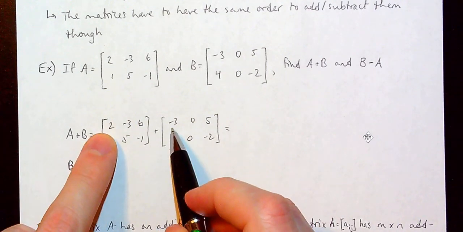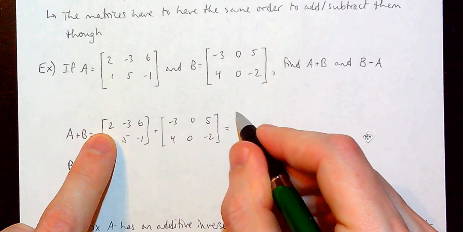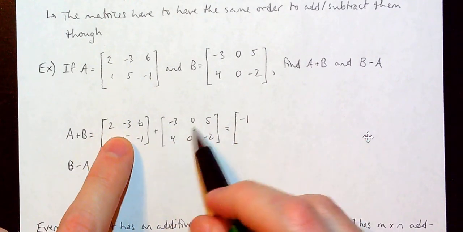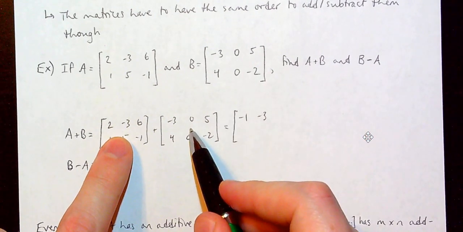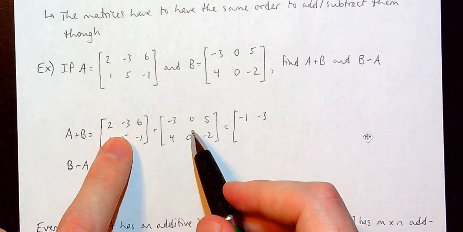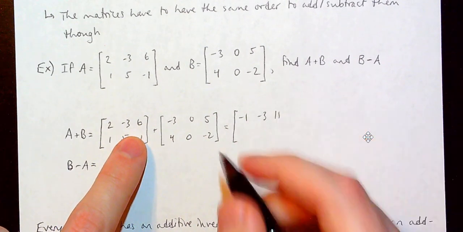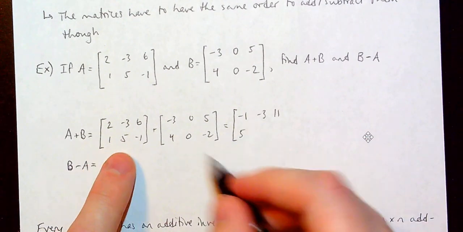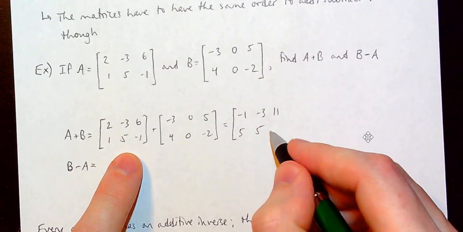So 2 plus the -3, because these are both the entries in the first row and first column, that's going to give me a -1. -3 plus the 0. Again, they're corresponding elements in their matrices. 6 plus the 5, 11. 1 plus the 4, 5 plus the 0, and then -1 plus the -2.